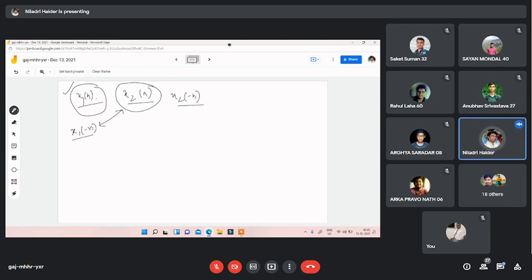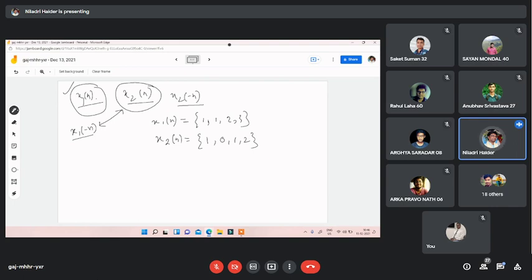I will show with an example. Suppose a simple example: x1[n] is given as 1, 1, 2, 3, and x2[n] is given as 1, 0, 1, 2.